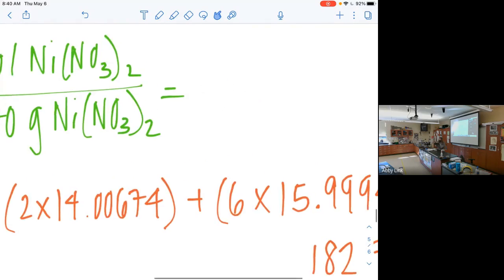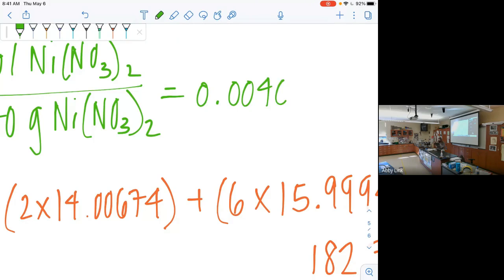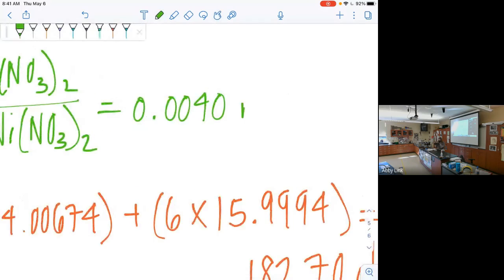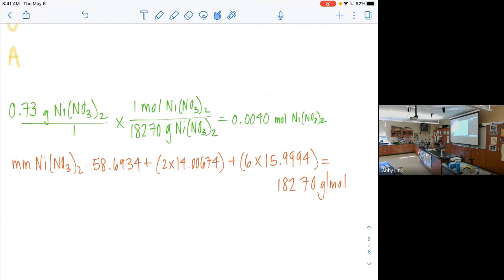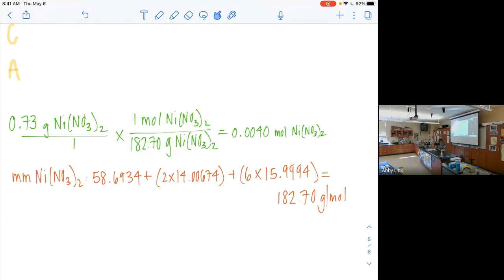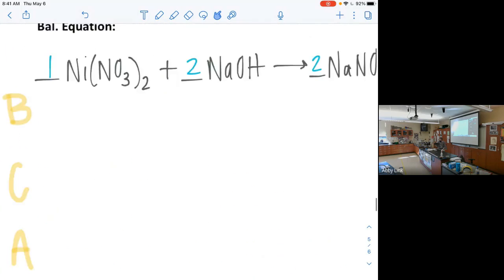We'll have to round that to 0.0040 for 2 sig figs. Okay, nothing new so far, guys, right? You probably did a step very similar to this on your quiz yesterday. All right, so we can plug that value into our BCA table.